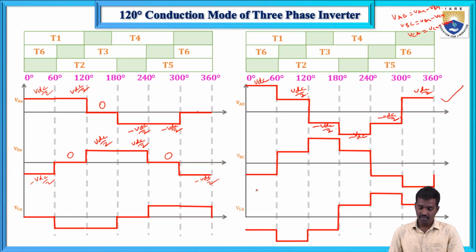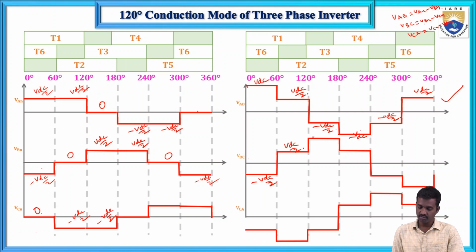And next, in the same fashion, VBC means VBN minus VCN. VBN minus VCN means this is minus VDC by 2 minus 0. This is 0. Sorry, not 0. Minus VDC by 2. And this is 0 and this is minus VDC by 2, that is positive VDC by 2. This is VDC by 2. This is minus VDC by 2.